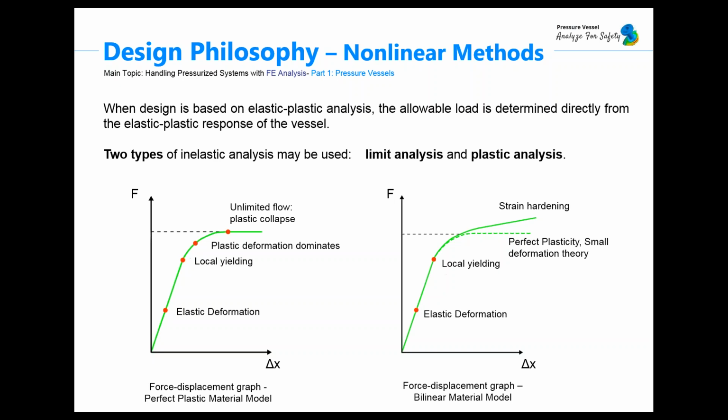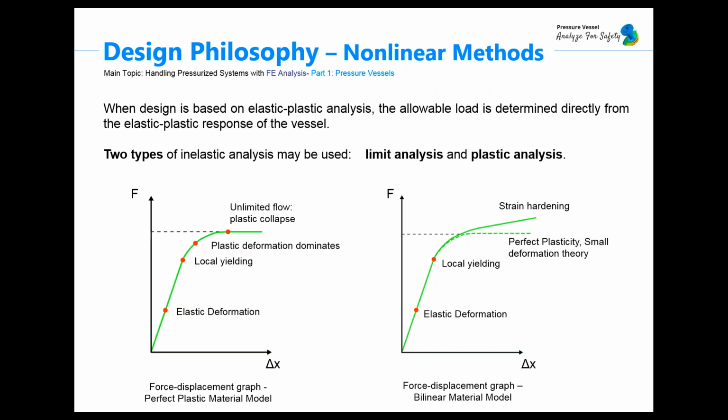So basically, we can perform the calculations, we can design our pressure vessels against gross plastic deformation using the elastic method and nonlinear methods. And there are two types of inelastic analysis which may be used. The first one is limit analysis, and the second one is plastic analysis.